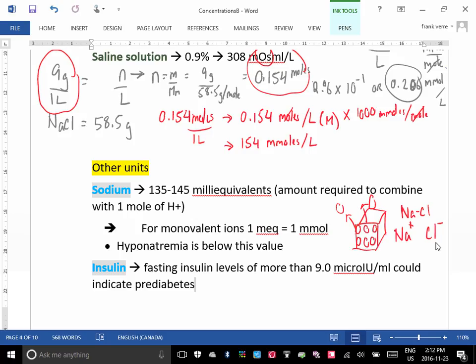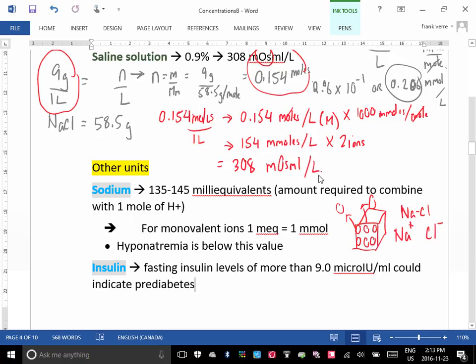So, what was our concentration for moles per liter for 9 grams of salt in 1 liter? What was our concentration? Yeah, millimoles per liter. Sorry, millimoles per liter. Okay, but if each sodium chloride splits into 2 ions, then the concentration is actually 308 milliosmoles per liter.